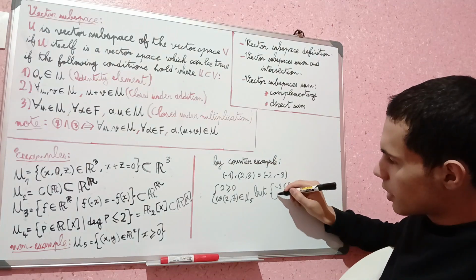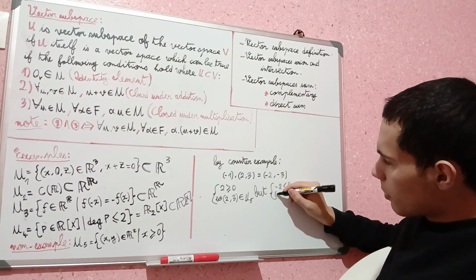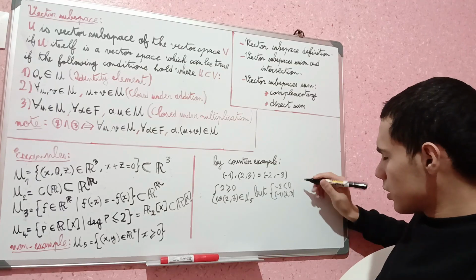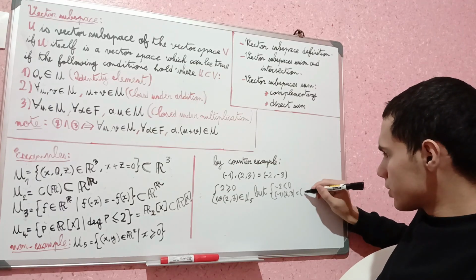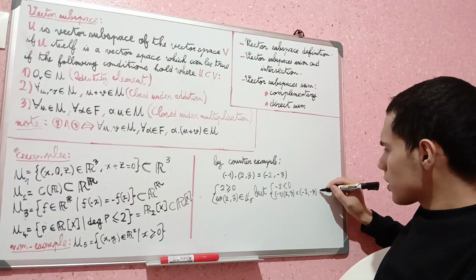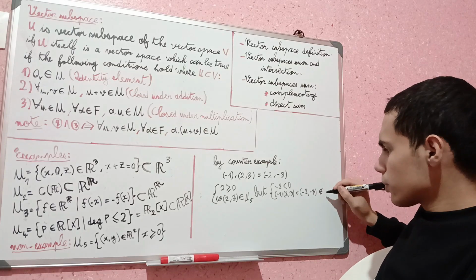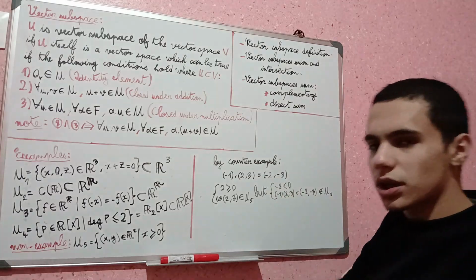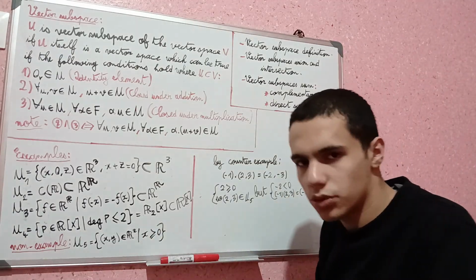So minus 1 times (2, 3), which is the same as (minus 2, minus 3), doesn't belong to U5. So it's not a vector subspace of R squared.